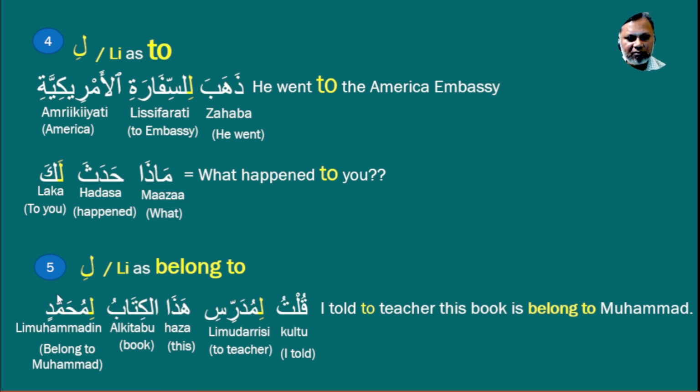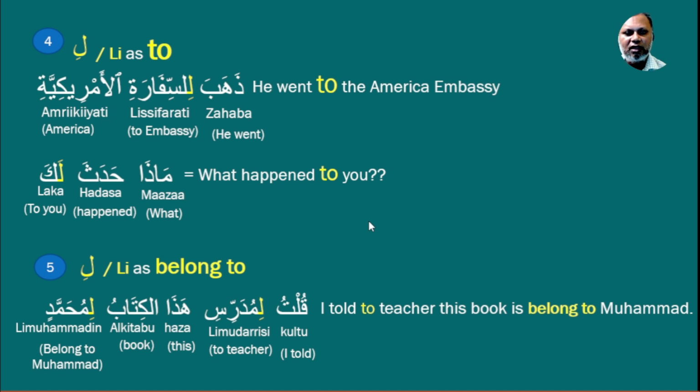Li Muhammadin, belongs to Muhammad. This li means belongs to. And this li means only to. I told the teacher, this book belongs to Muhammad.